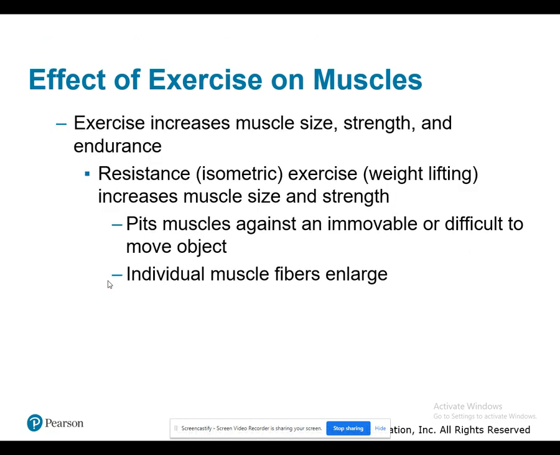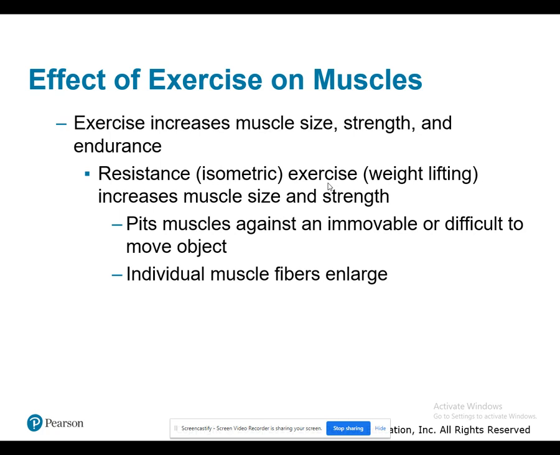You also have resistance, or also known as isometric exercise. Isometric or resistance exercise, a good example of this is weightlifting. This increases the muscle size and the strength. When you do resistance exercise, you're pitting your muscles against an immovable object or something that is difficult to move, like weights, and that causes the individual muscle fibers to enlarge, and that's why you see an increase in your muscle mass.